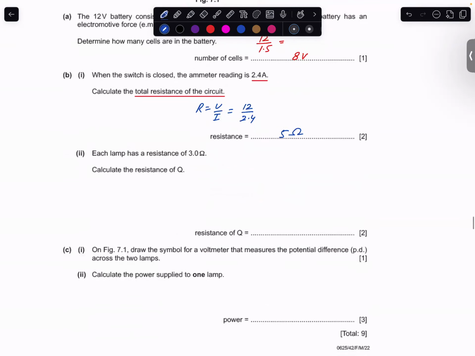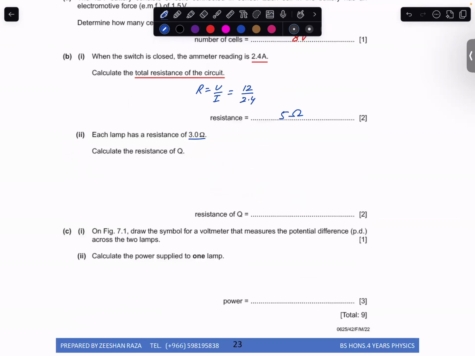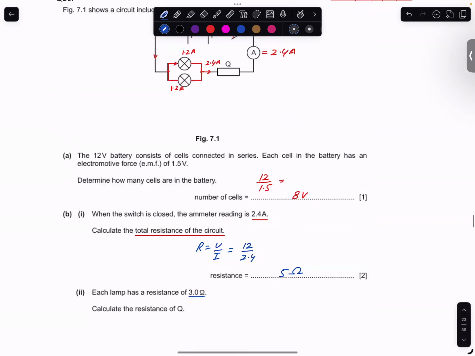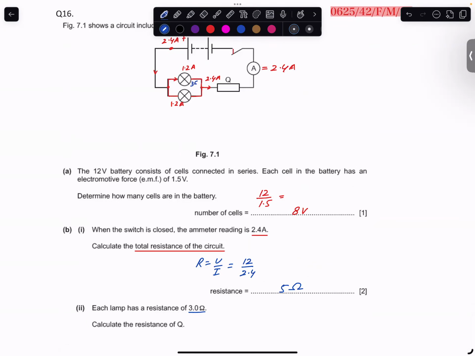Each lamp has a resistance of 3 ohm. Calculate the resistance of the Q. So this lamp has a resistance of 3 ohm, and this lamp has a resistance of 3 ohm. We have to find out the resistance of the fixed resistor. It is very clear that this part is a parallel combination.